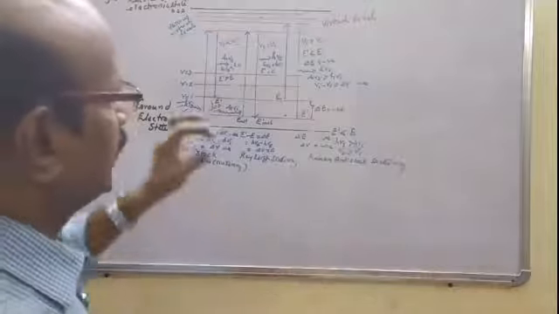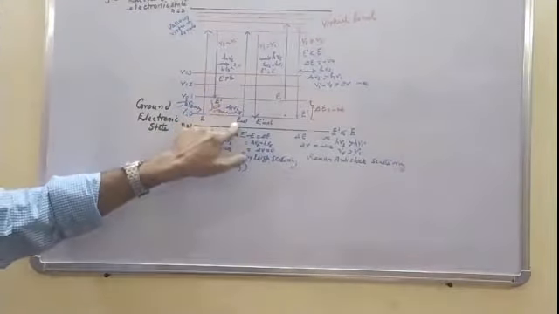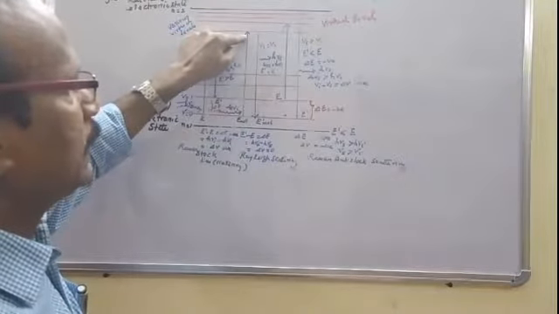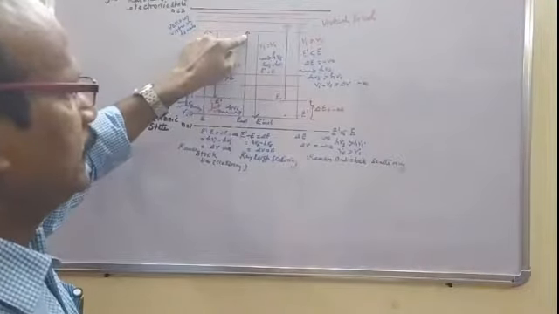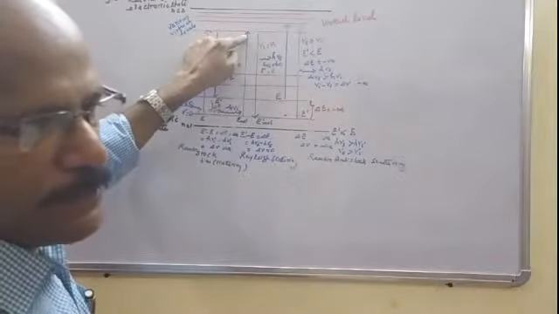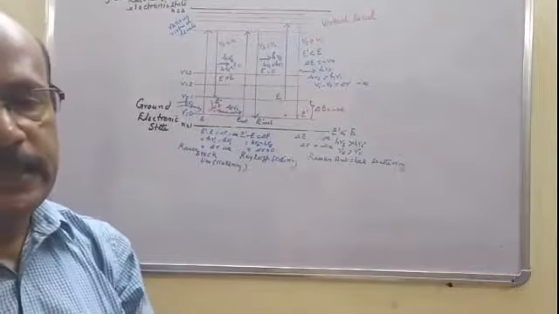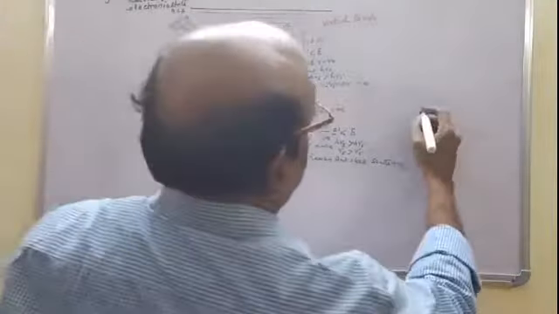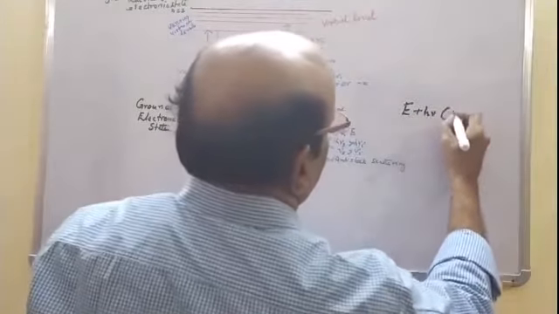Assume that the molecule with the initial energy E gets excited to the virtual level with the energy E plus h nu, where h nu is the energy given by the photon. Therefore, the molecule has an energy E plus h nu in the virtual level.